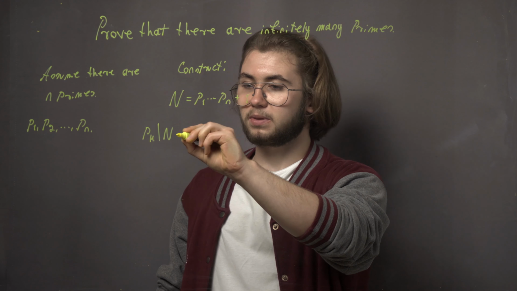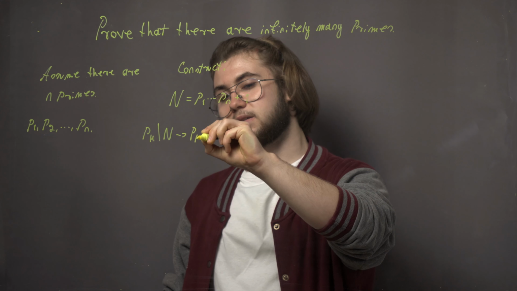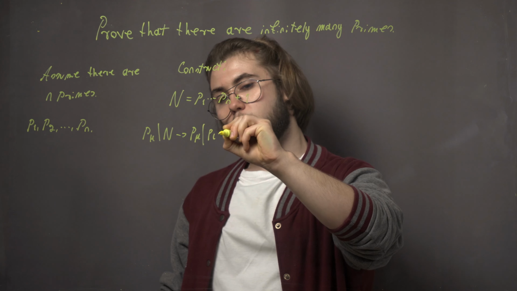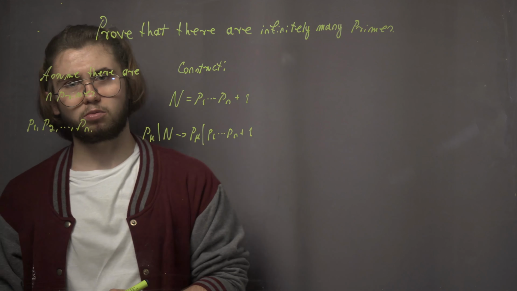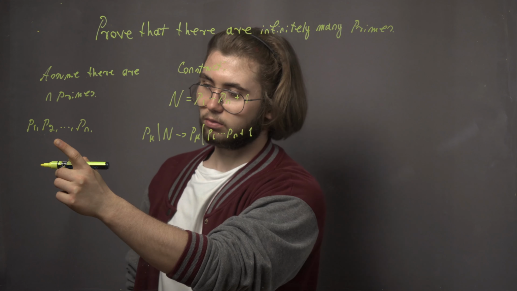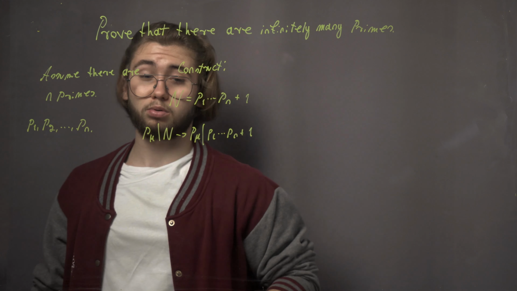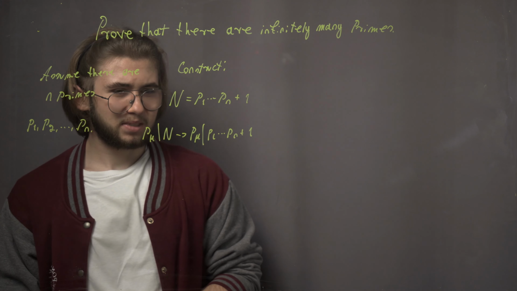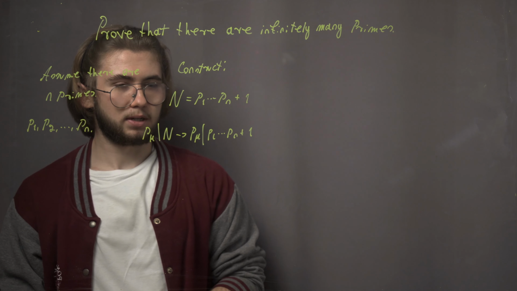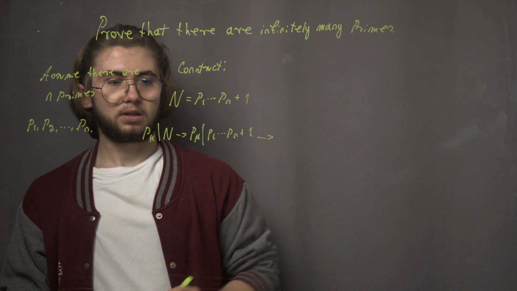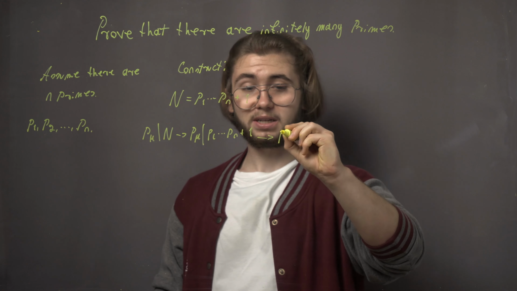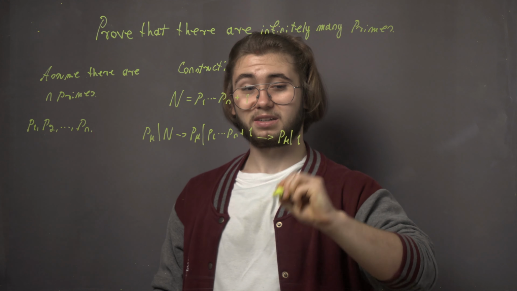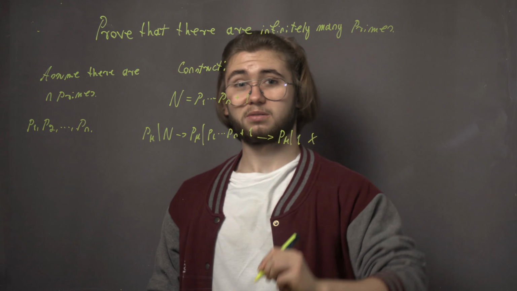But this means that pk divides p1 up to pn plus 1, and so if pk was on the list we made earlier of all the primes, it would be kind of crappy, because as pk divides this product right here, it would mean that pk would have to also divide 1, which is a contradiction as hell.